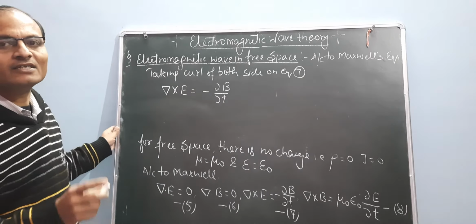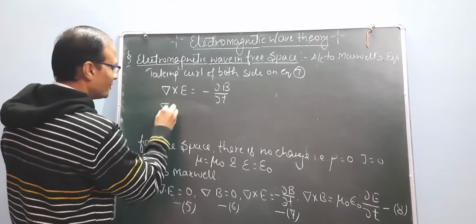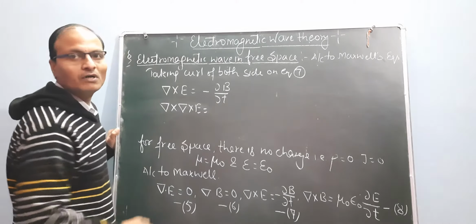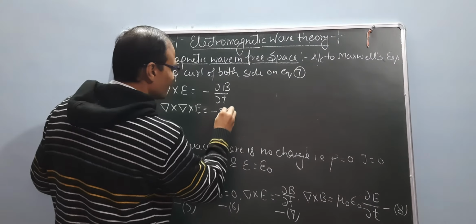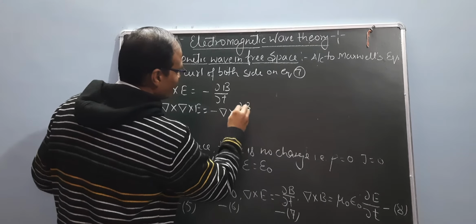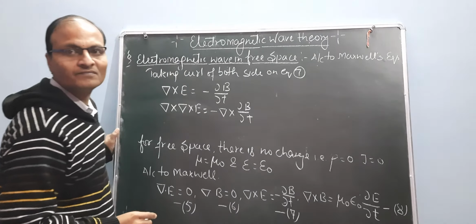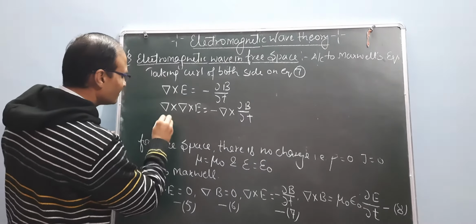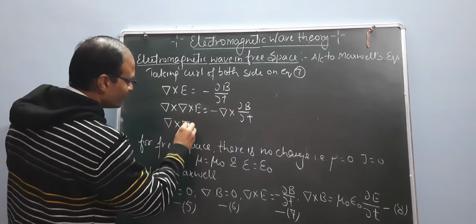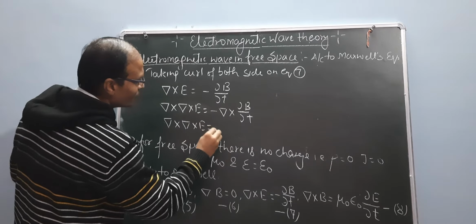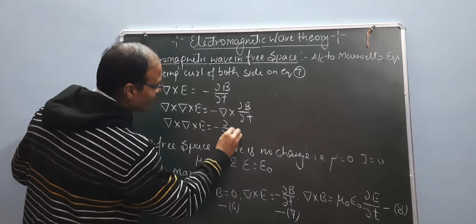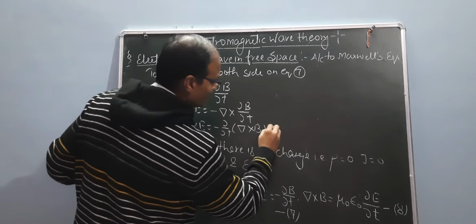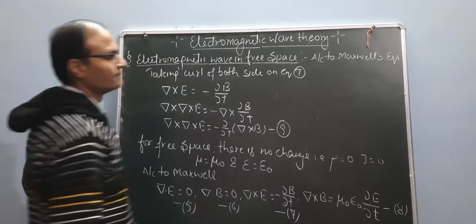Now apply the curl: del cross del cross E equal to minus del cross del B over del t. So del is moved to the inner side. Del cross del cross E equal to minus del upon del t of del cross B. This equation is equation number 9.